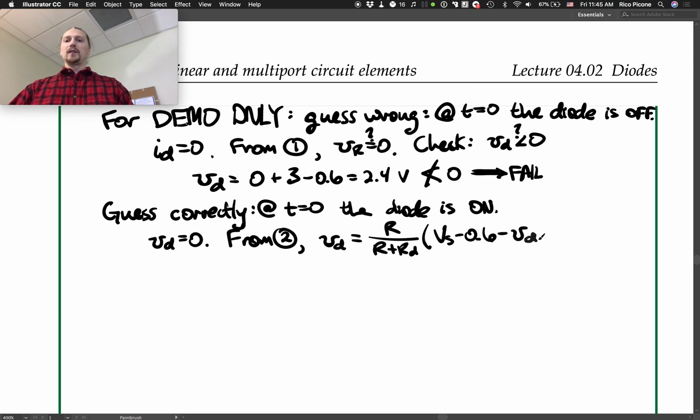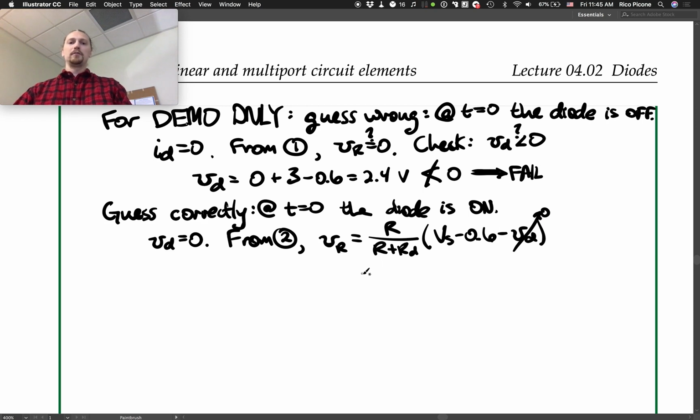I wrote VD equals, but this is VR equals, right? We're solving for VR. But VD is 0, we just assumed that.